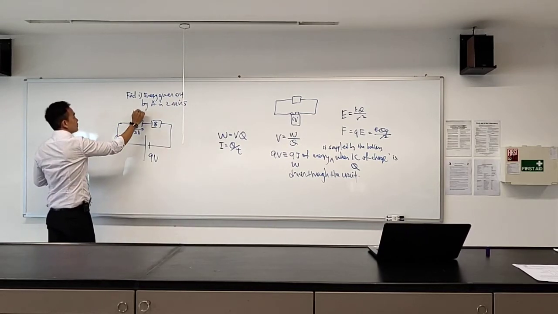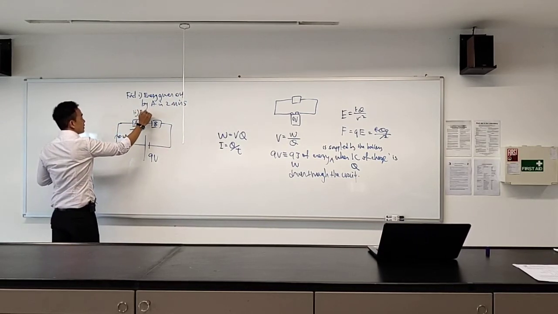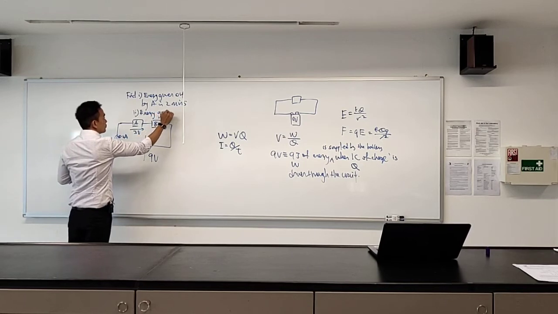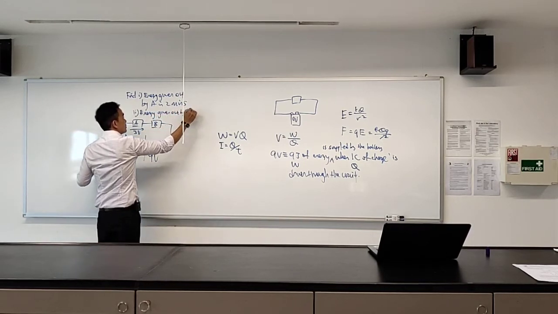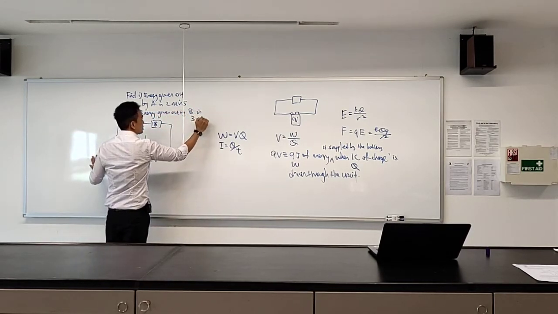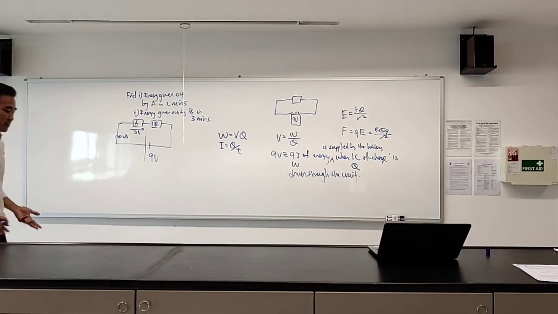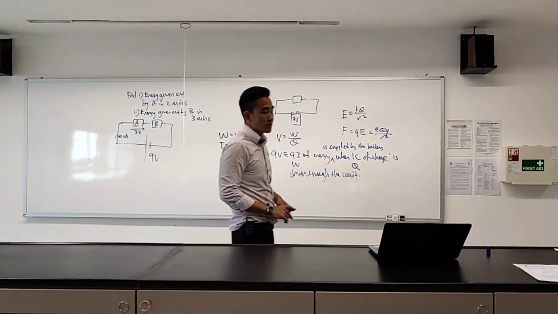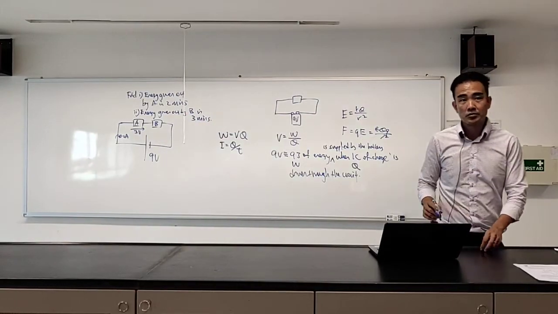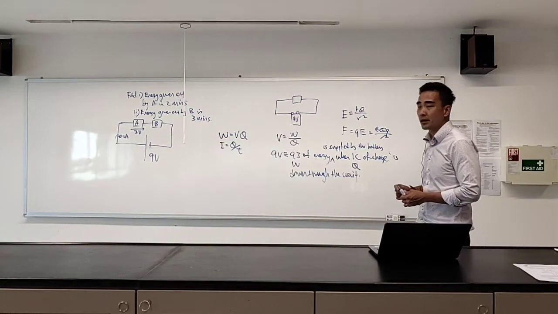Part 2, find the energy given out by B in 3 minutes. Give it a try. Embedded in this question is also to see whether you still remember your circuit rules. You need to use one of the very basic circuit rules to find the answer for B.